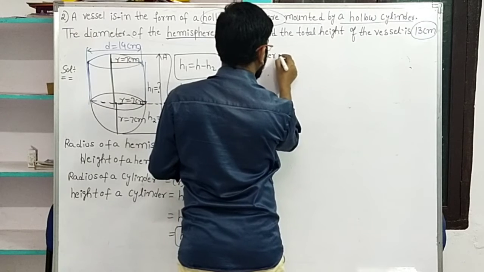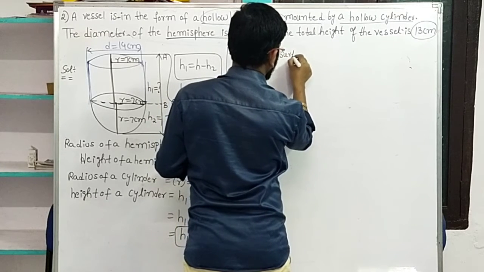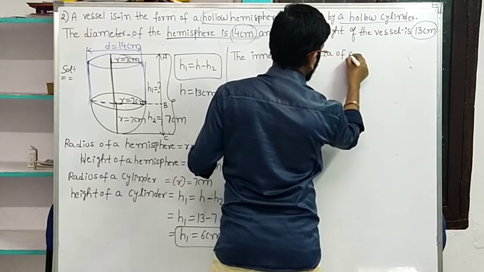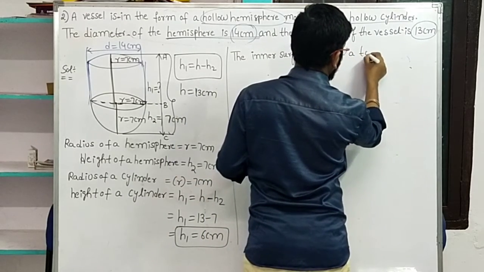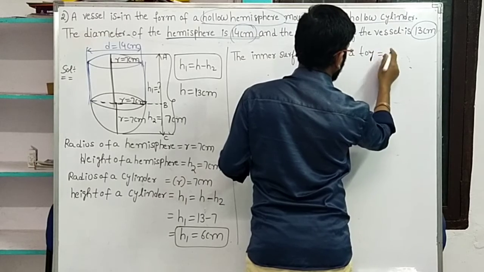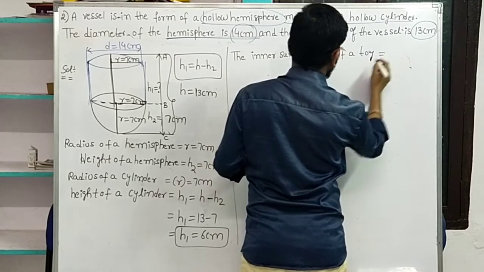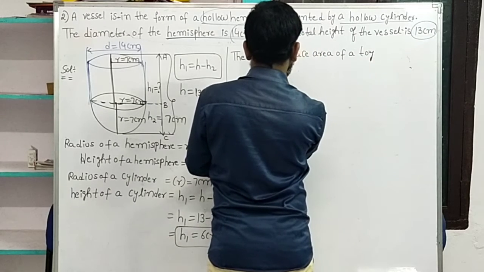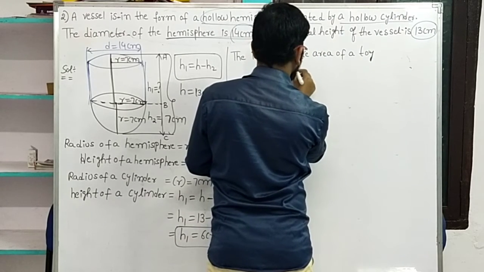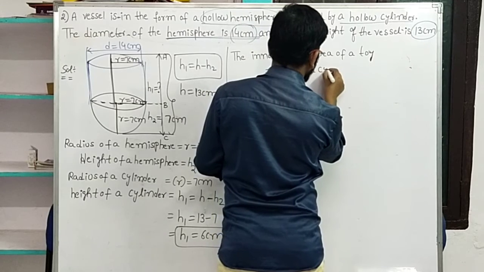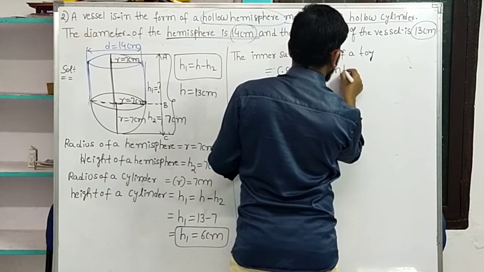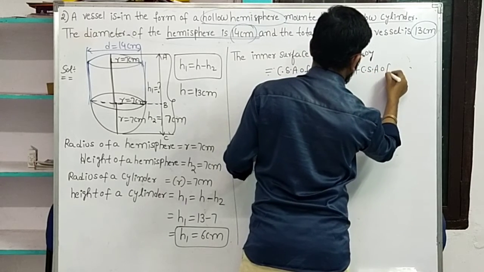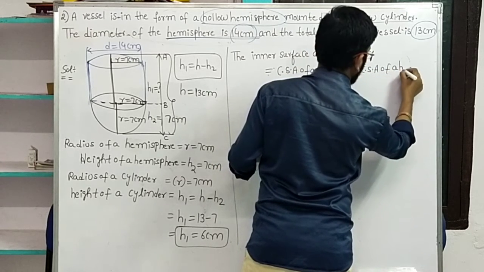The inner surface area of the toy equals CSA of a cylinder plus CSA of a hemisphere.